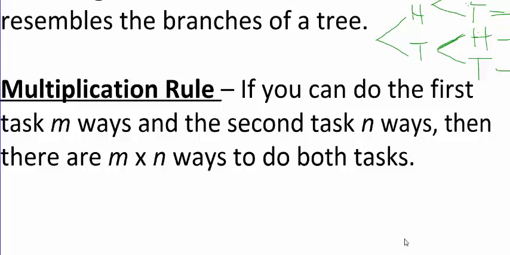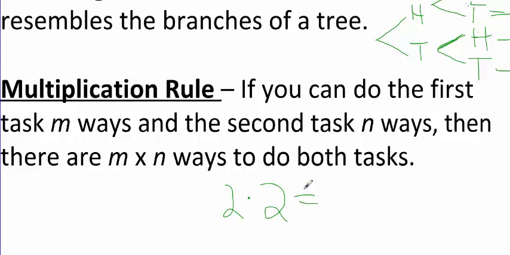If we look again at flipping the coin twice, the first time you flip the coin, you could get either heads or tails, so you have 2 possible outcomes. If you flip it the second time, you could get heads or tails. So again, you have 2 possible outcomes.